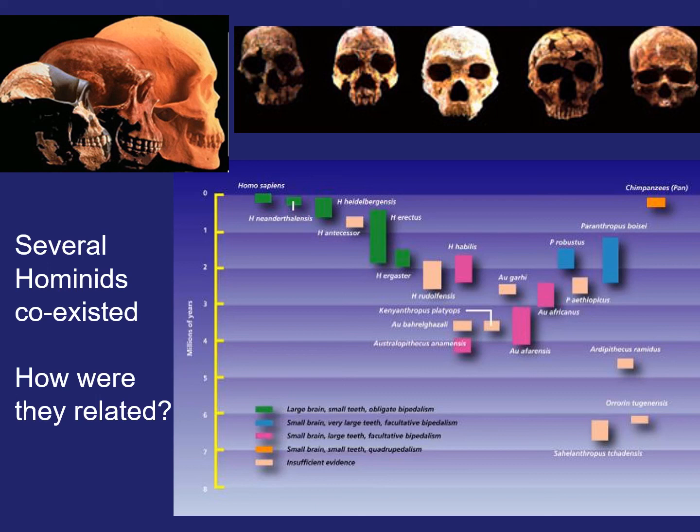It's possible that Homo sapiens wiped out Neanderthals. It's also possible that Neanderthals just became absorbed into Homo sapiens because they were fairly closely related. But again, it's impossible to tell, and we probably will never know for sure.